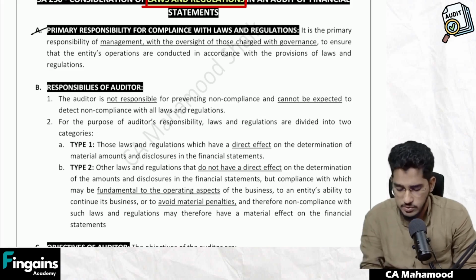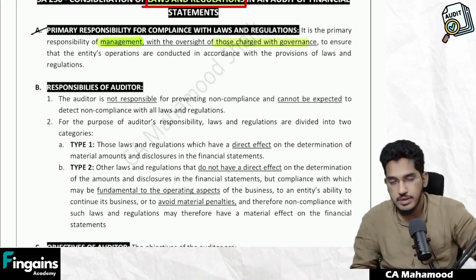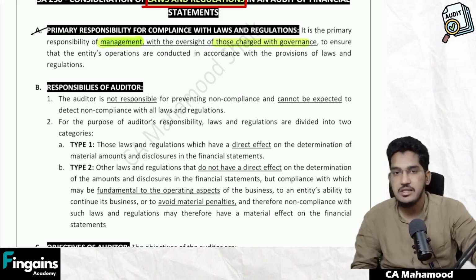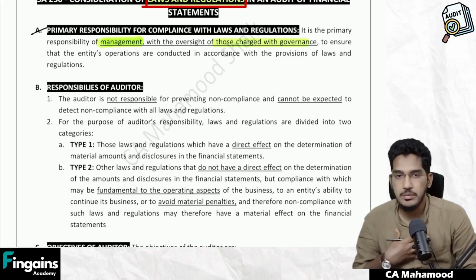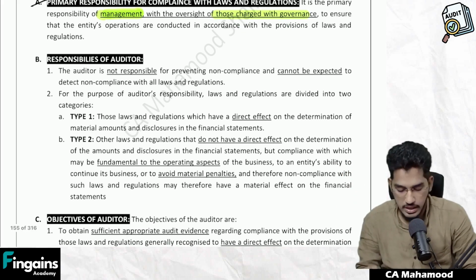It is the primary responsibility of management, along with the oversight of those charged with governance, to ensure that the entity's operations are conducted in accordance with the provisions of laws and regulations. So the primary responsibility to make sure that the entity is conducting its operations as per the laws and regulations always rests with management and those charged with governance.